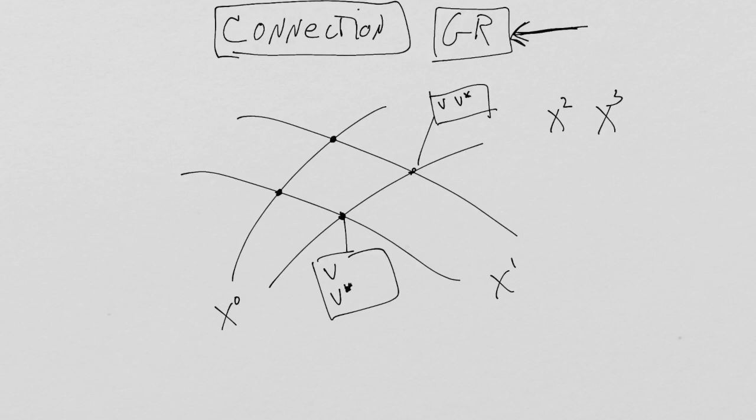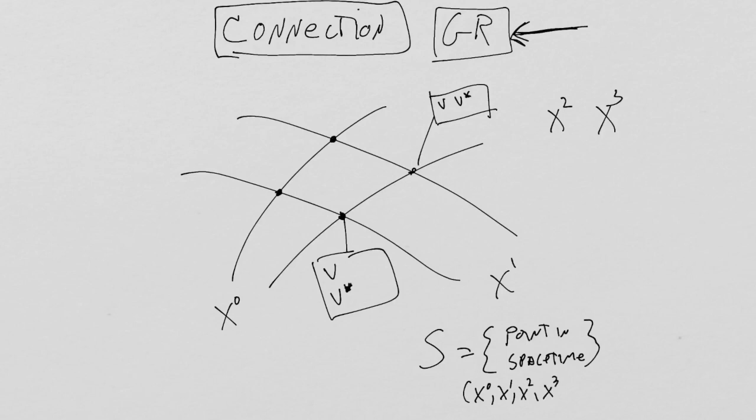And we also know that in order to make this space-time, if we call the space-time S, and S is the set of all the points in space-time, and it's a manifold, right? So S is a manifold, and because it's a manifold, we know there's a coordinate system, x0, x1, x2, and x3, and all of those points make up the space-time.